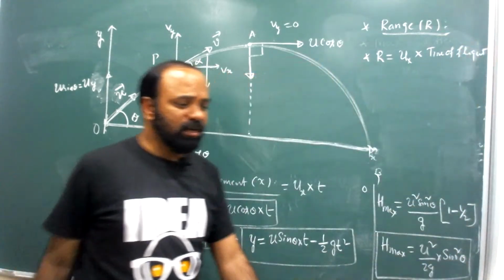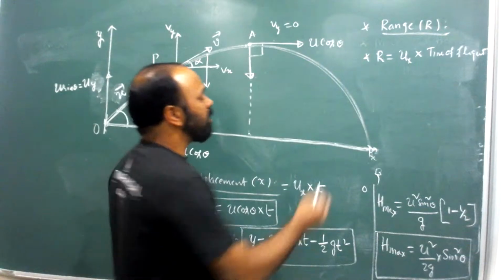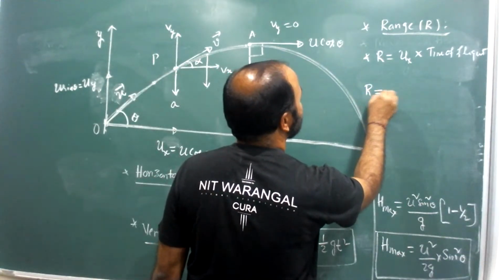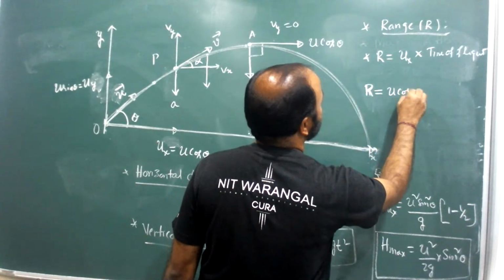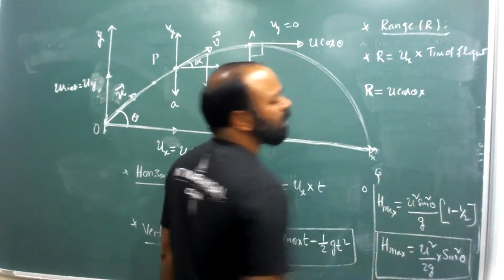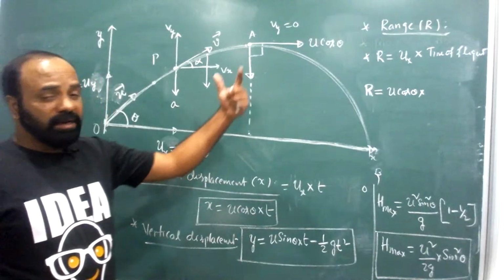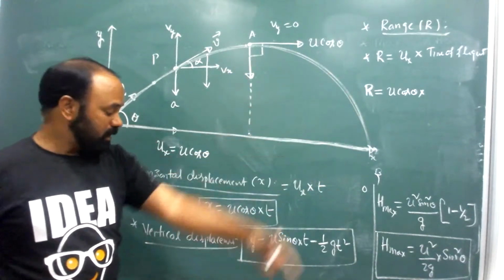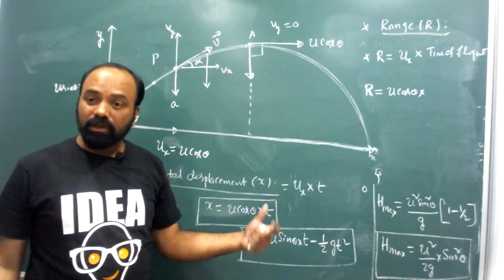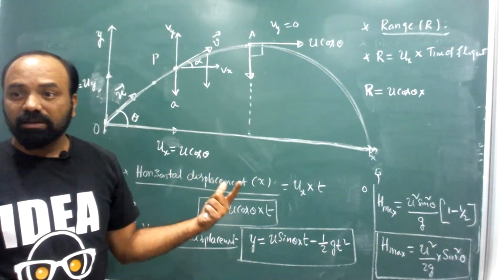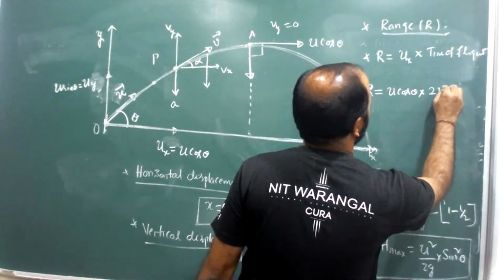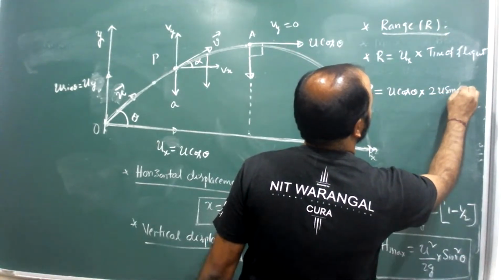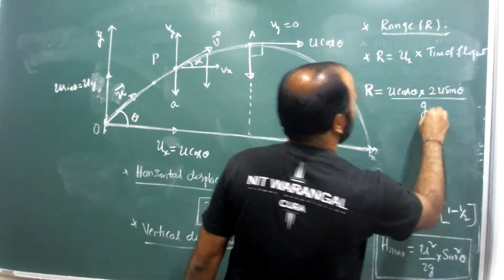R equals u cos theta into time of flight, which is time of ascent plus time of descent. Time of ascent formula we learned is u sin theta by g, time of descent is also u sin theta by g. So this is 2u sin theta by g.